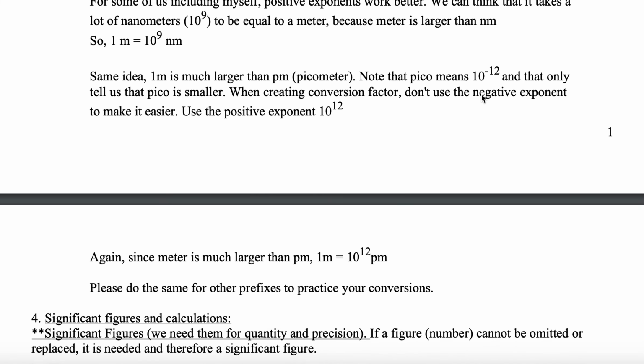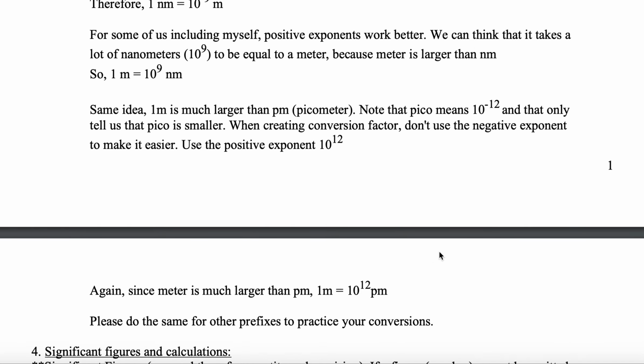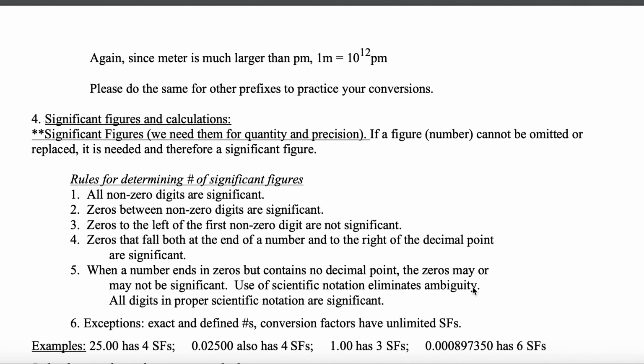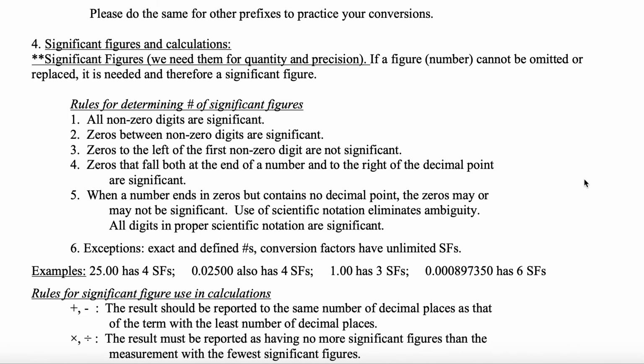You can do 10 to the minus 12, or you can do 1 meter equals 10 to the plus 12 picometers. Okay, whichever way, they're all correct. Some of us don't want to deal with negative exponents, then this is a good way for conversions. Okay, so that's prefixes and unit conversions.